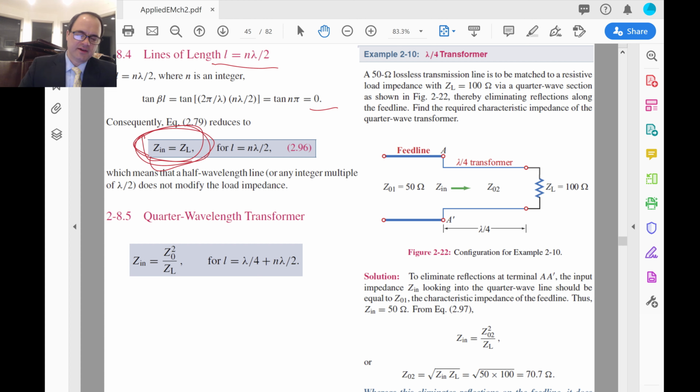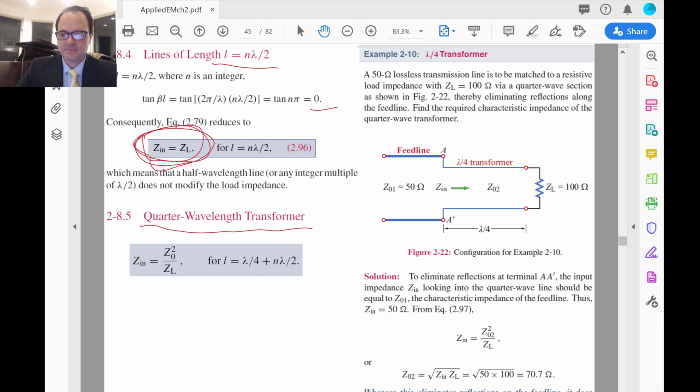Another useful technique is to try to match the impedances of the load with the line. And you know now that if you match the load and the line impedances, you will have no reflection of the wave. And therefore, all of your power will be delivered and used by the load.